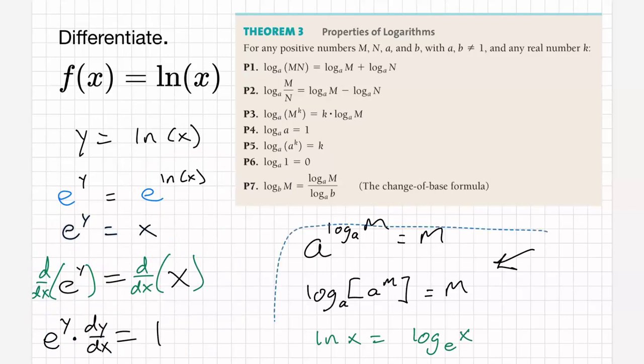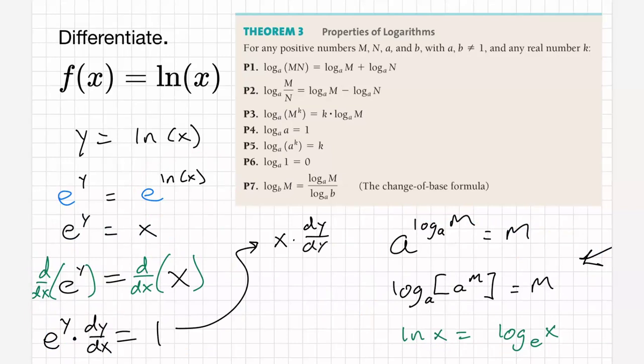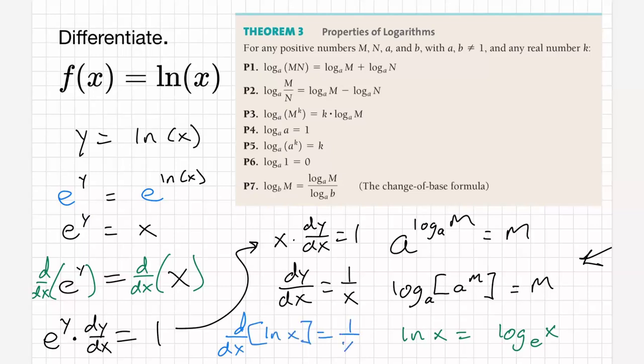Just x. So this right here can be written as x times dy dx equal to 1. And if what we want is the derivative, all we have to do is divide both sides by x. So dy dx would equal 1 over x. At that point, we just found that the derivative of the natural log of x is 1 over x.